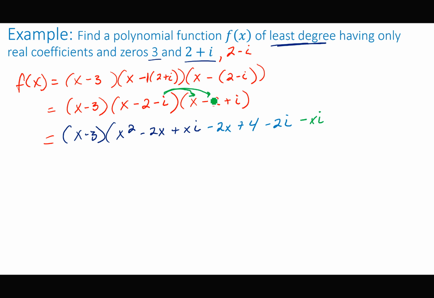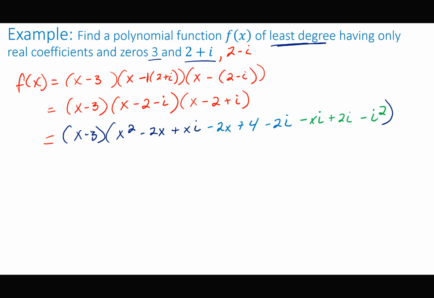Negative i times a negative 2 would be a positive 2i. Negative i times a positive i would be a negative i squared. Tedious, but take it term by term and you won't mess up.